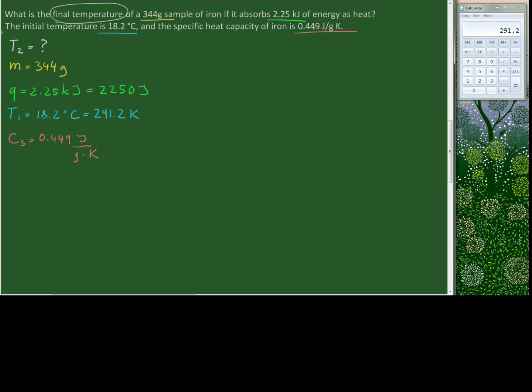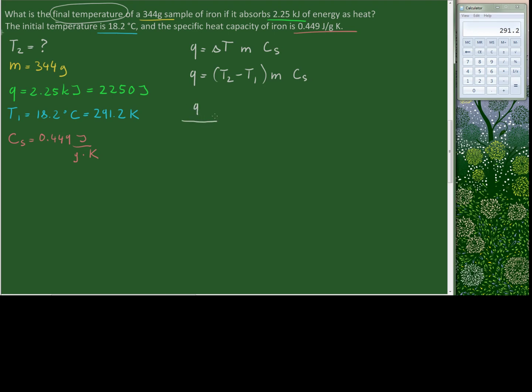Okay, now we are ready to use our formula. So Q is delta T times mass times specific heat capacity, which is the same as T2 minus T1 times mass times specific heat capacity. In this particular case we need to find T2, so we need to get T2 alone on one side. We can do that firstly by dividing everything by mass and the specific heat capacity.